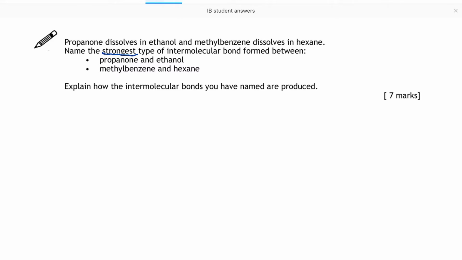If we consider methylbenzene and hexane, benzene is C6H5, more commonly drawn as a hexagon with a ring in it, and there's the methyl group. Hexane, we've got 6 carbons and it's simply an alkane, so CH2, CH2, CH2, CH2, CH3.